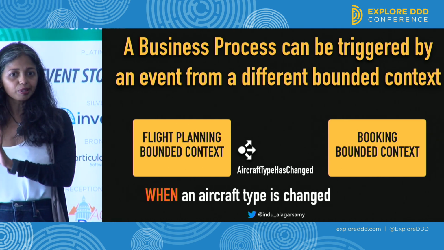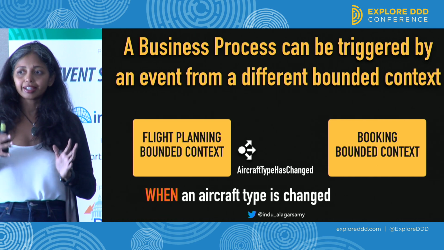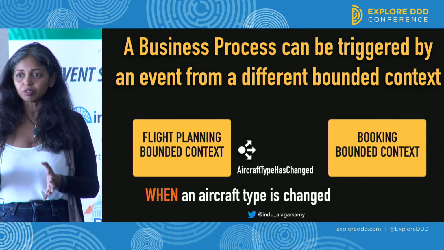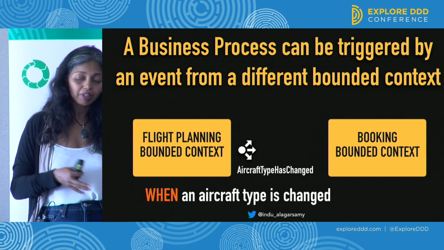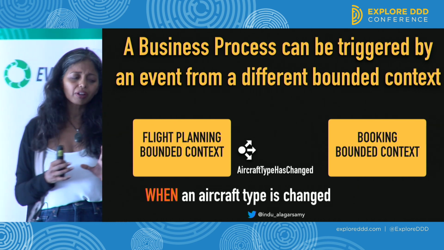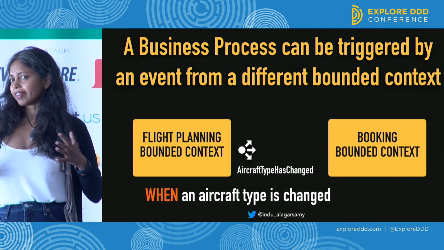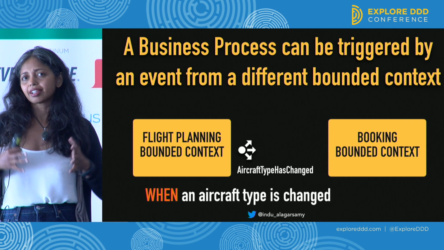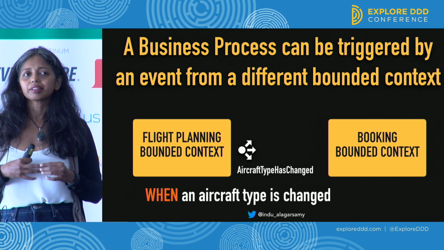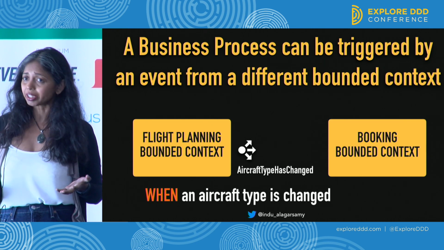Now, all of a sudden, the booking context is very, very interested in this event because it's going to impact a whole lot of people who are flying on that aircraft. The thing here is, we're publishing these events and using messages because we want to be loosely coupled.